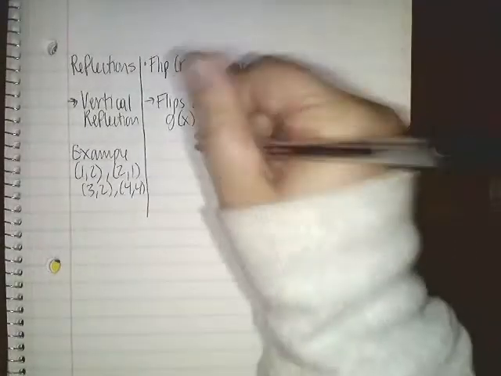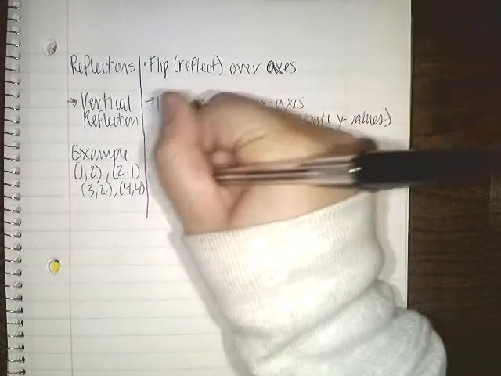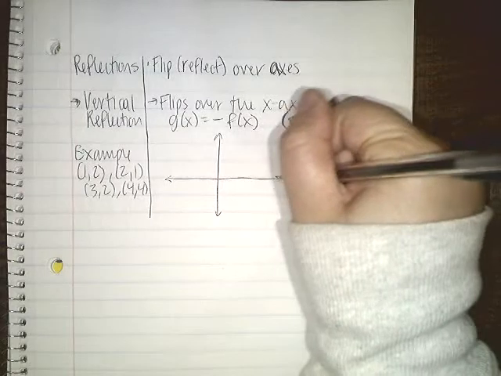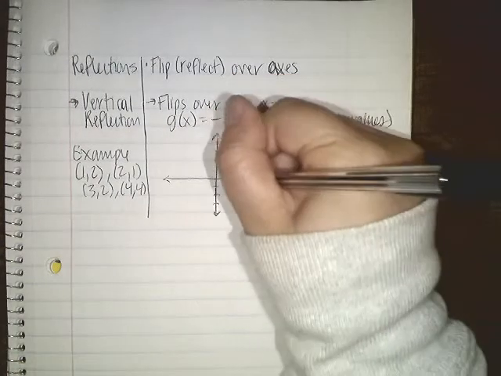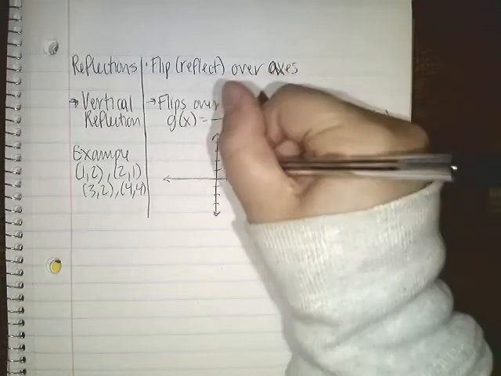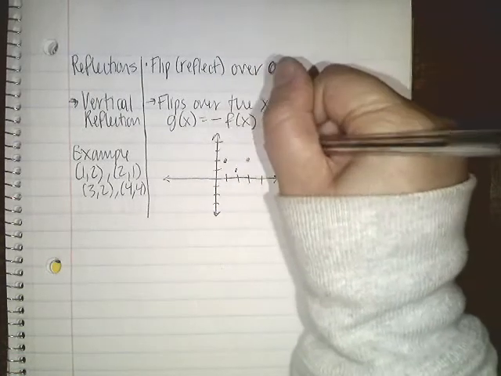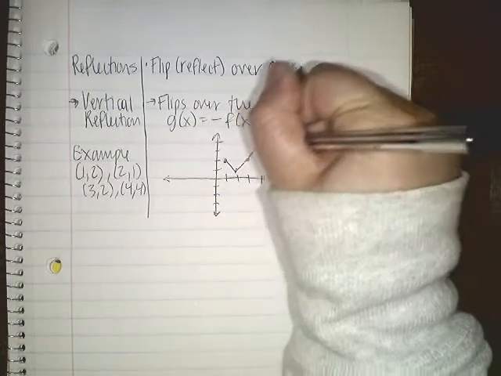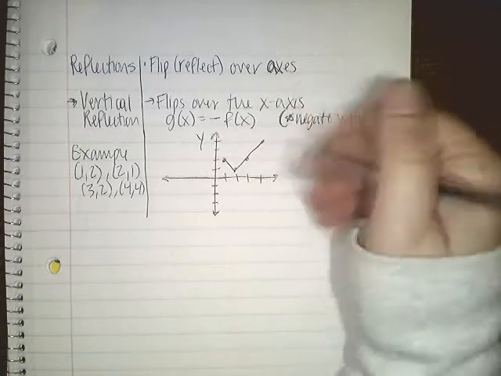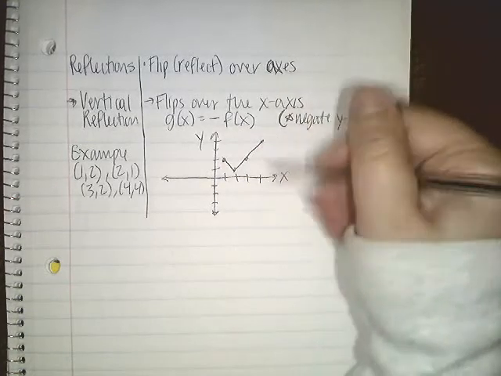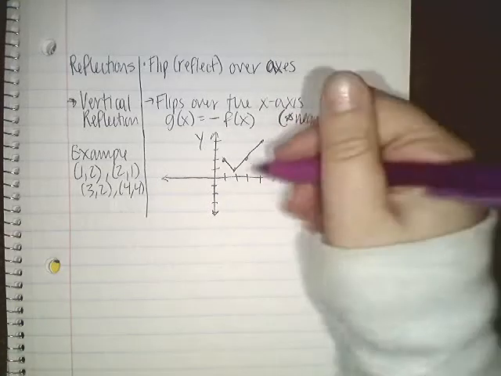If we graph the original function, we have (1, 2), (2, 1), (3, 2), (4, 4). All I'm going to do is flip it over the x-axis here. So I'm flipping it over this way, and I'm going to negate my y values, and then I will have my new function.